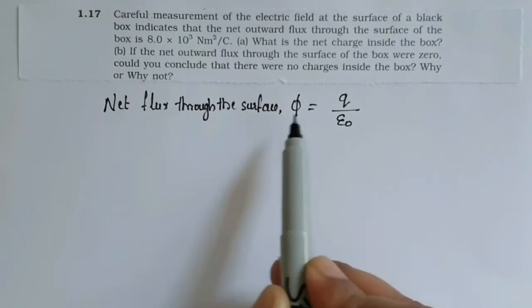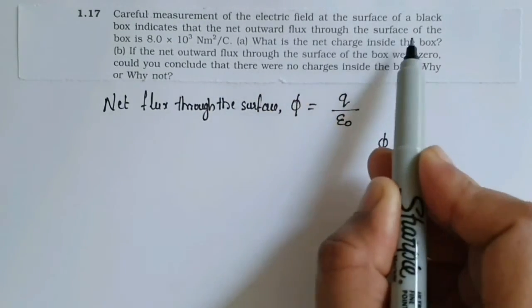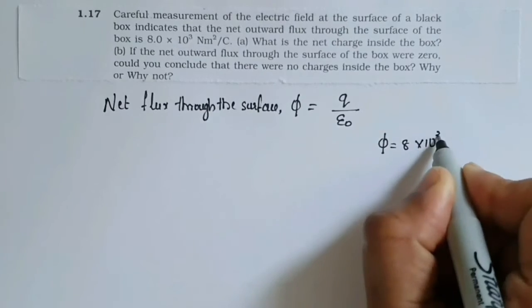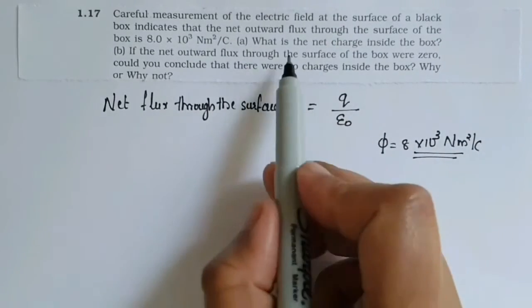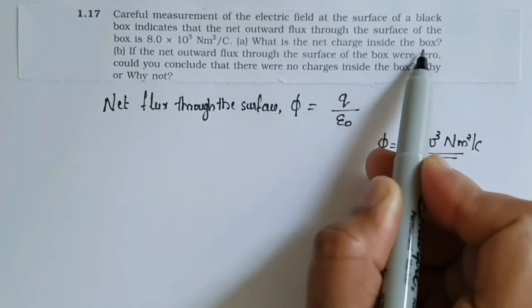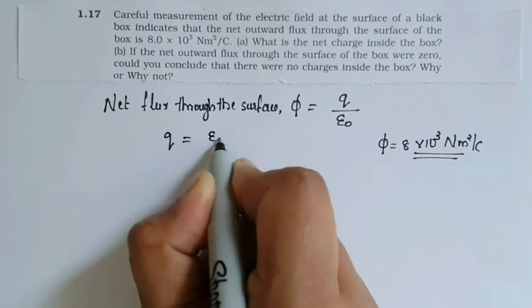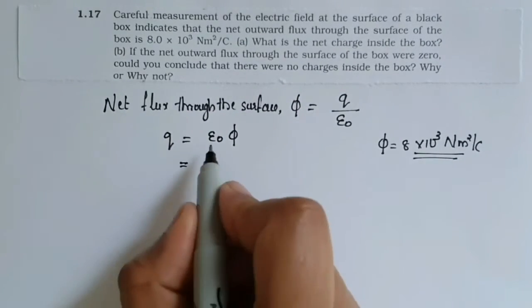The net flux through the surface phi is equal to Q by epsilon 0. Given the flux through the surface of the box is 8 into 10 raised to 3 Newton meter square per Coulomb. Now we have to find the net charge inside the box. From this, net charge Q is equal to epsilon 0 phi. Now substitute the values.